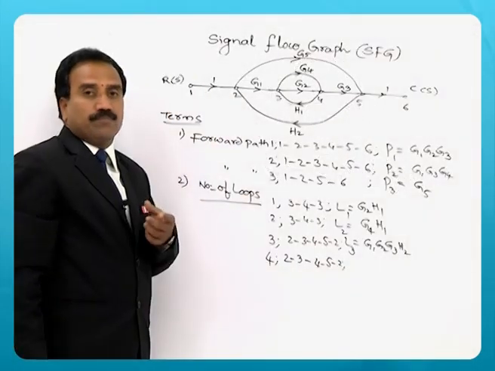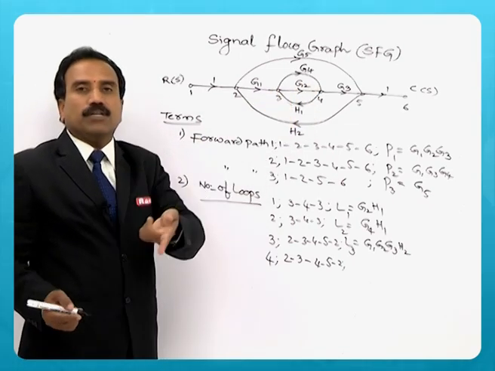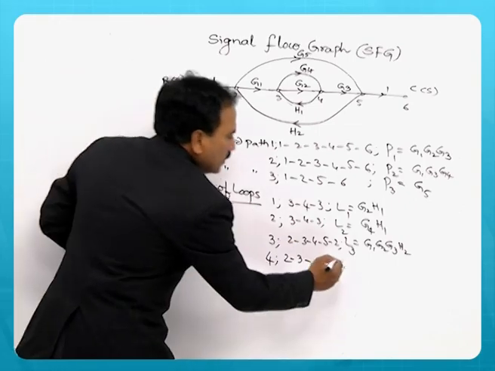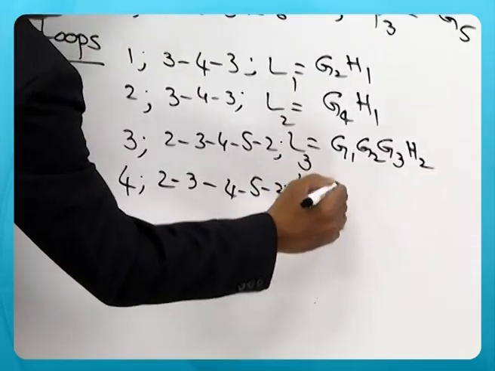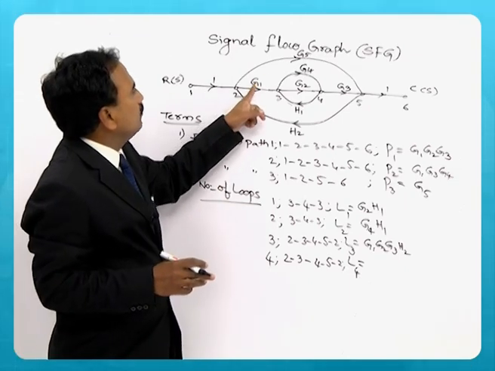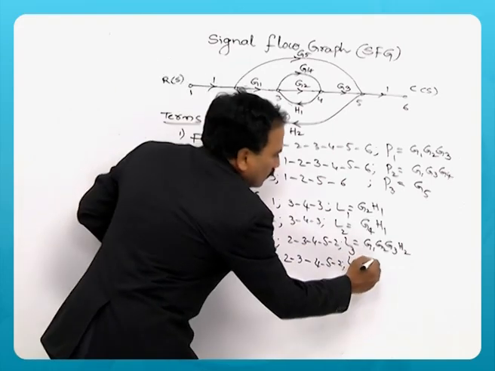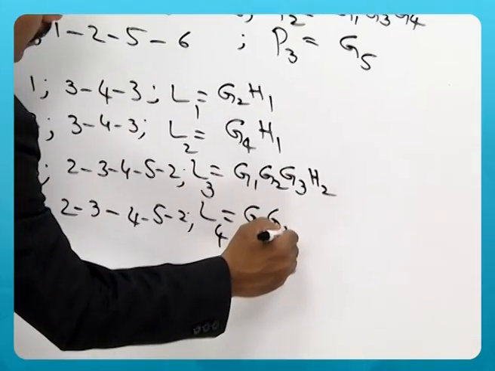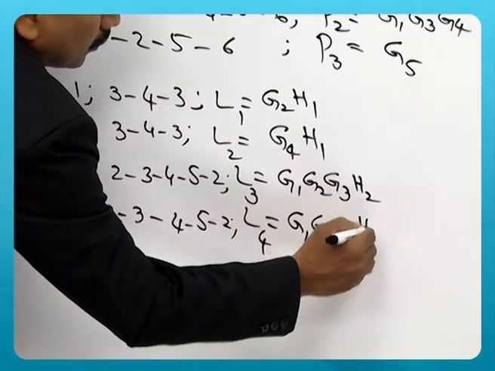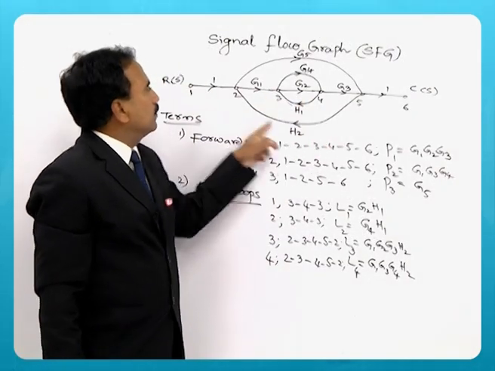Path looks same, but there is one branch that is different from the previous loop. So what is its gain? Gain of that particular loop is product of G1, G4, G3, H2. So G1, G3, G4, H2 is the gain of this particular loop.